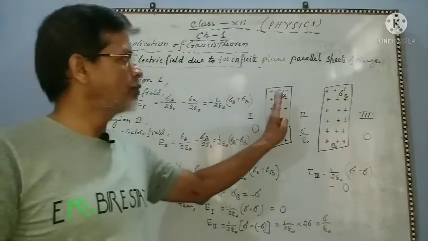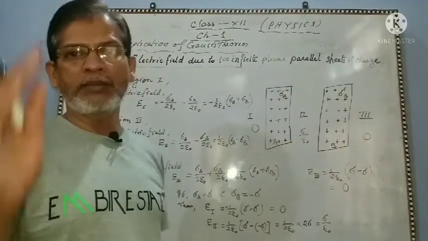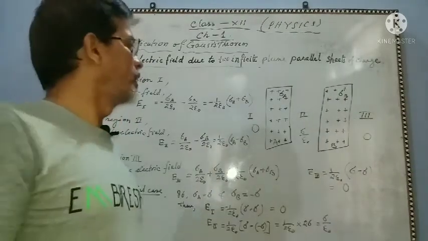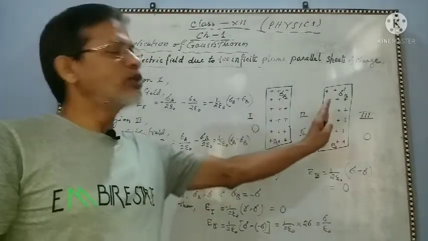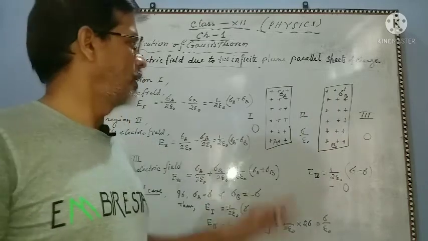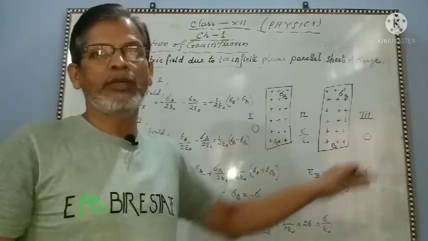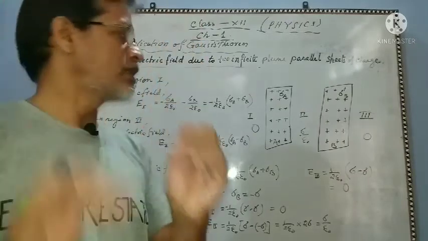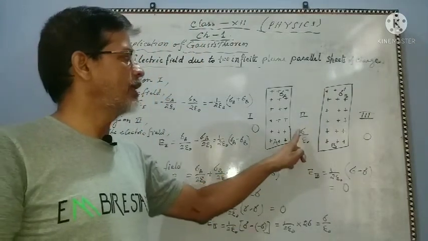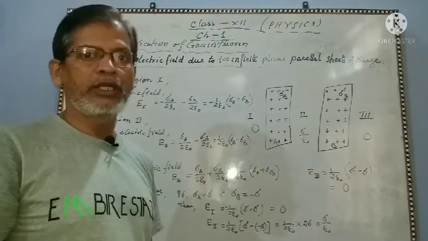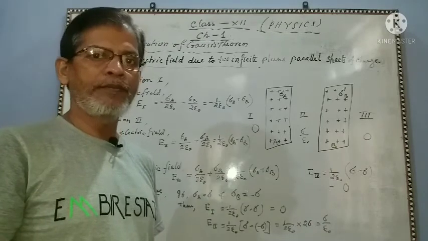So if one is positive, the other is negative, and the surface charge density is the same, then outside the two sheets there will be no electric field. In between the sheets there is an electric field, sigma by epsilon naught. Clear?